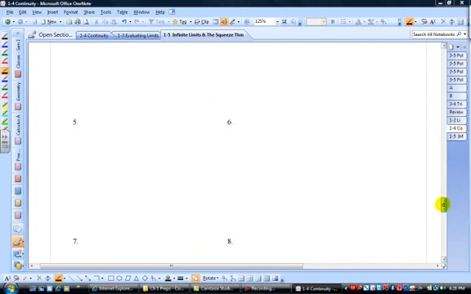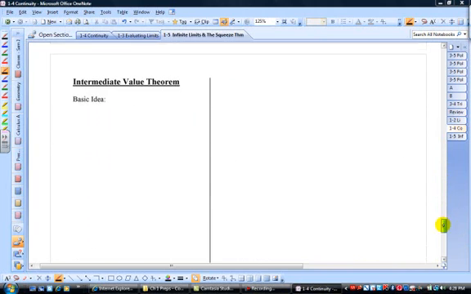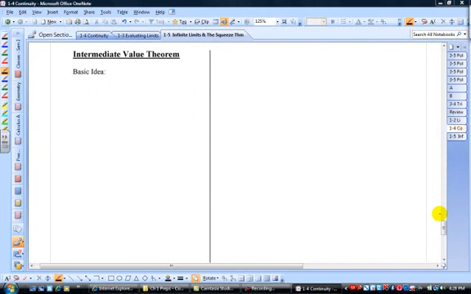And lastly, what we need to do is check out what's called the intermediate value theorem. All right, so the basic idea is this. Let me draw a graph here. And suppose we have a continuous function.